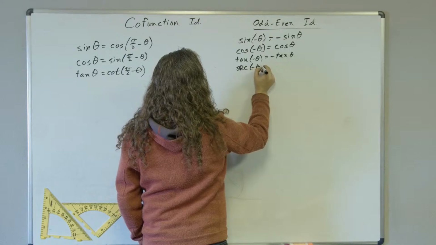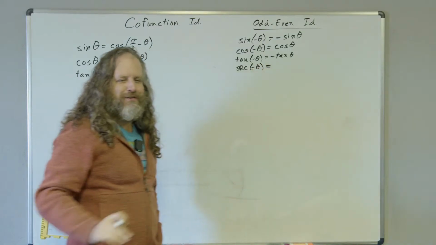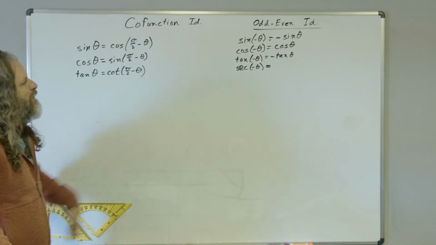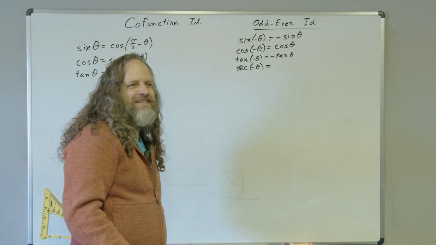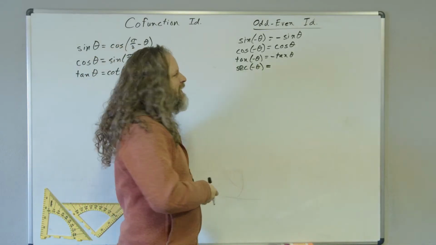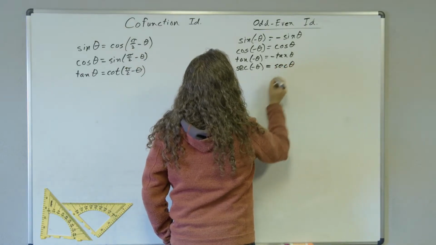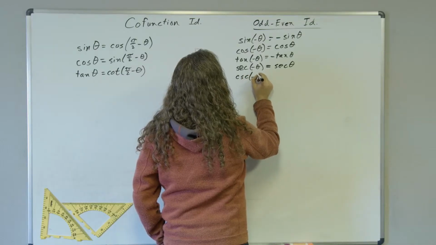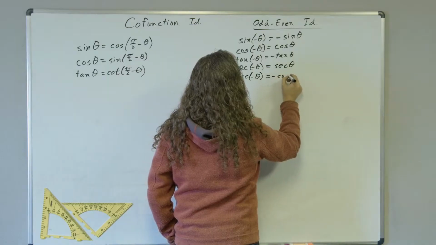of negative theta. What is that going to be without cheating in the book? Well, secant goes with which one of these? It goes with cosine. Cosine eats negatives. I was confusing it with sine, because you said it before.